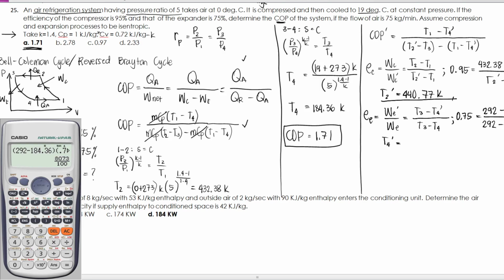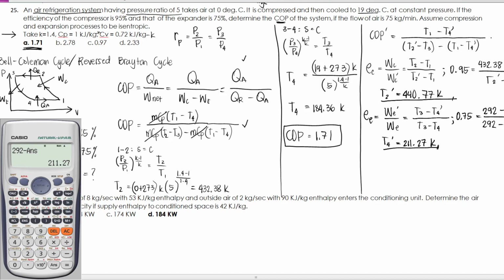Ayan. Tapos, mag-i-equal ito sa T3 minus T4 prime. So, para makuha yung T4 prime, yung T3 na 292, ima-minus natin dun sa naging answer. Okay? So, ito na yung magiging T4 prime, 211.27 in absolute Kelvin.